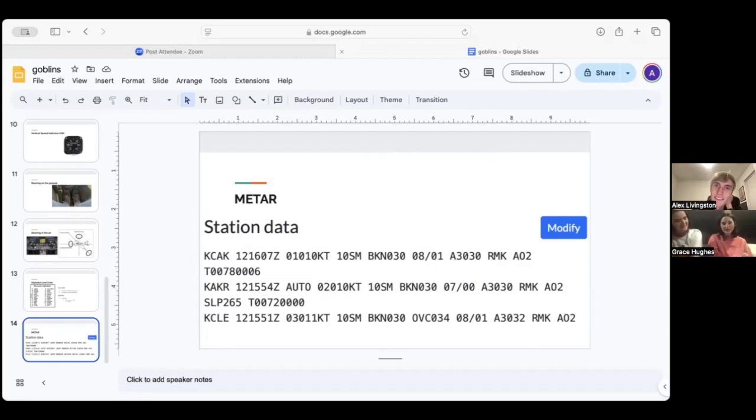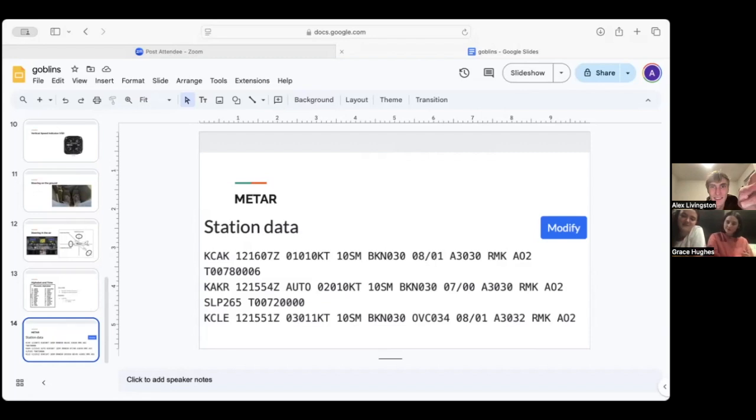Wait, BKN. That's got to be barometric pressure. No, we're getting there, babe. BKN is one of five things this can say. It can say CLR, which is clear, FEW, which is few, OVC, which is overcast, or BKN, which is broken.